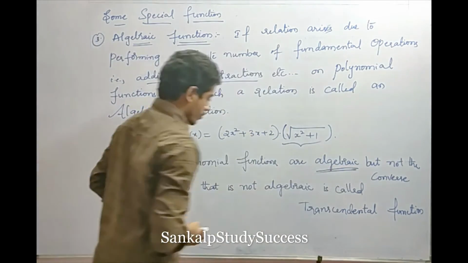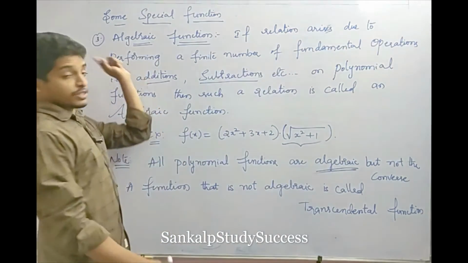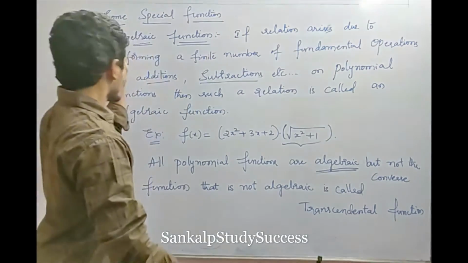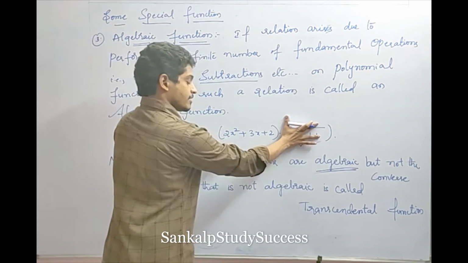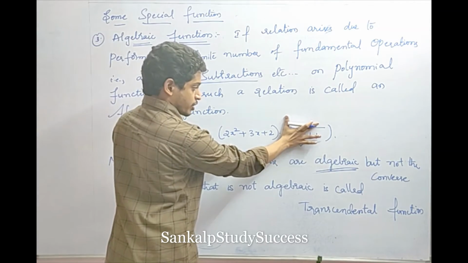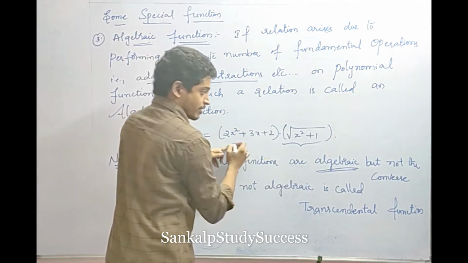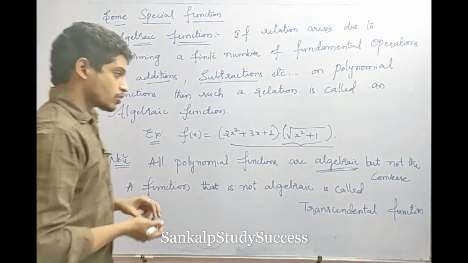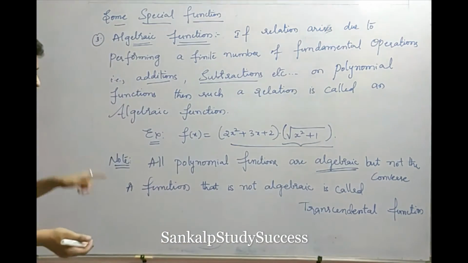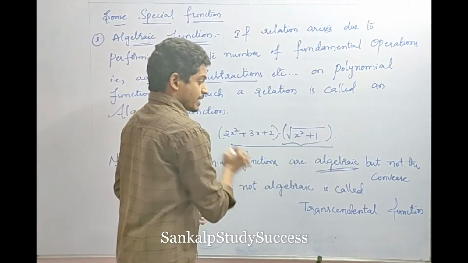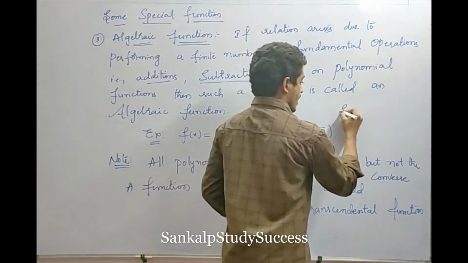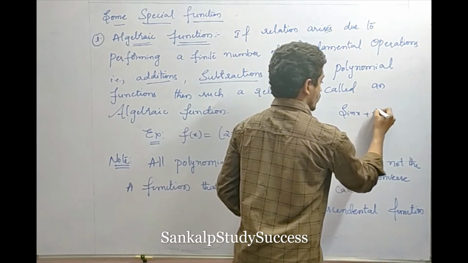Suppose all polynomial functions are algebraic. This is a very important note. All polynomial functions, the functions which we discussed earlier in the second one, polynomial functions, they are all algebraic. Until here, this is both a polynomial and an algebraic function. Here, this is not polynomial now, this is now algebraic, right? But not the converse. A function that is not algebraic is called a transcendental function. Suppose I say sin x plus x square minus 2.